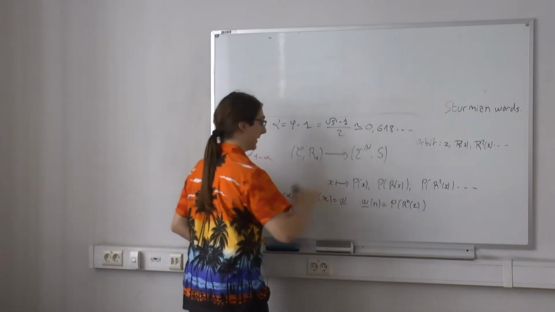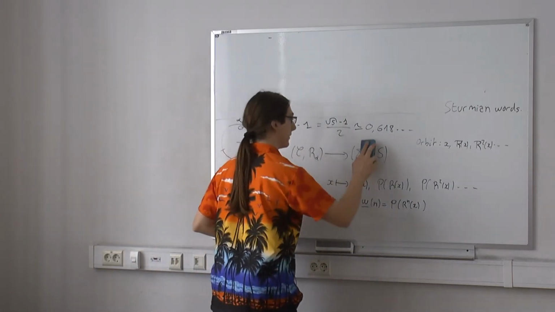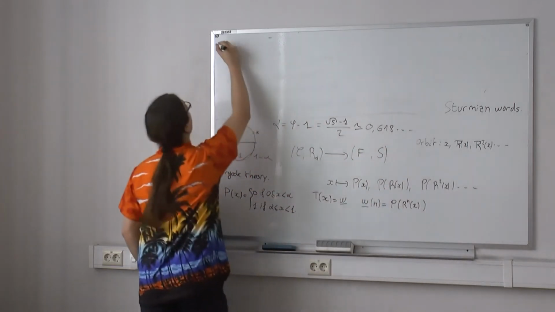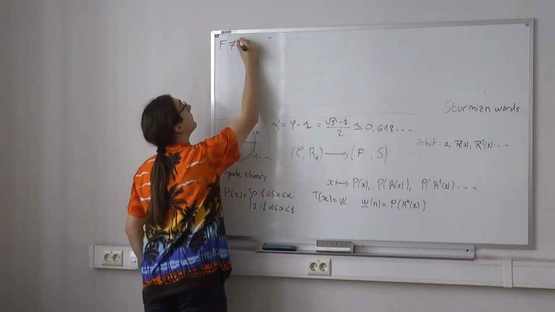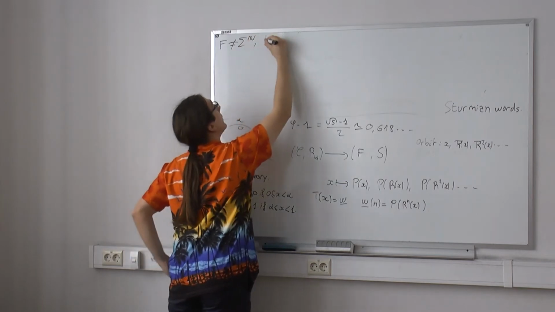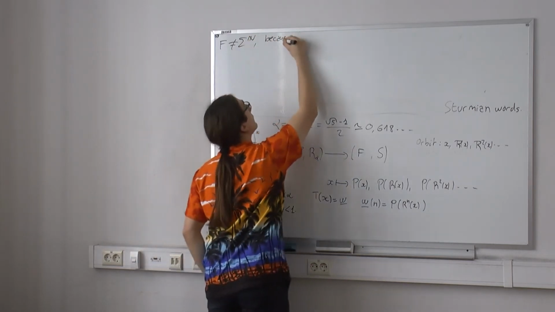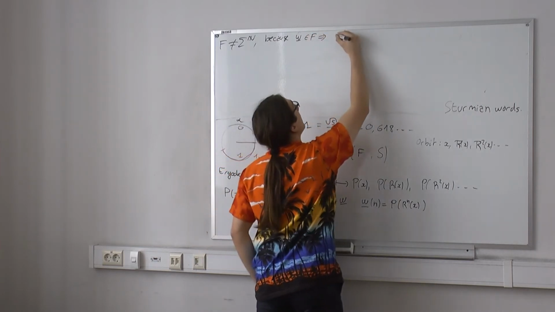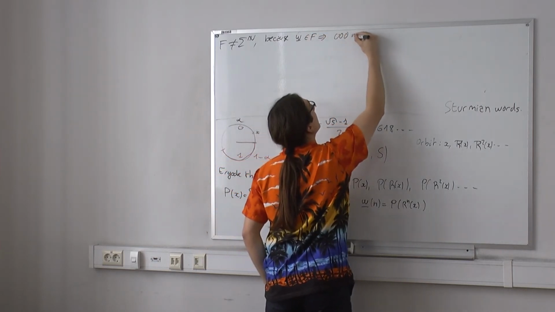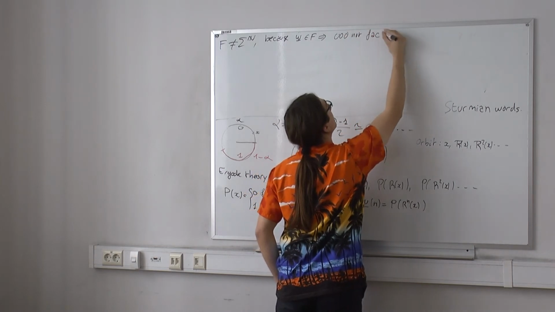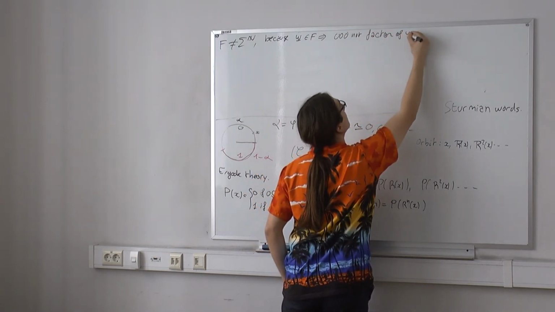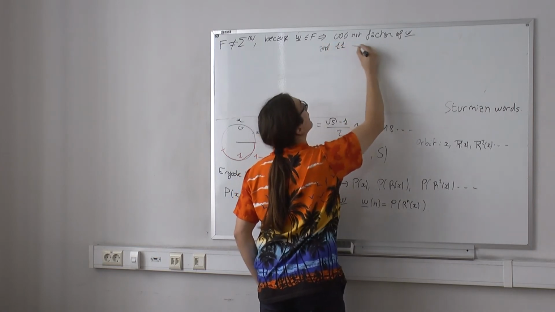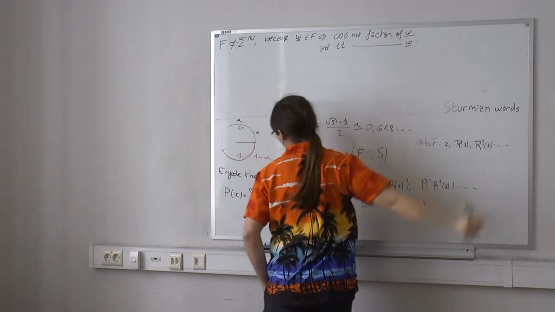So here it's not exactly sigma, it's F. And F is not equal to sigma to the n, because w in F implies 0, 0, 0 is not a factor, and 1, 1 is not a factor of w.